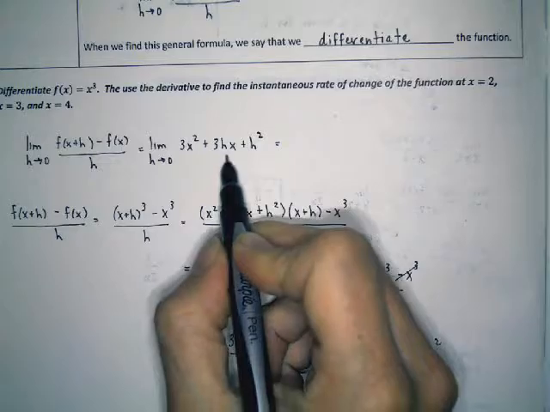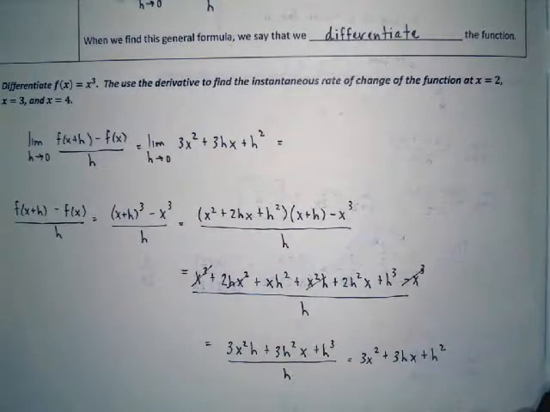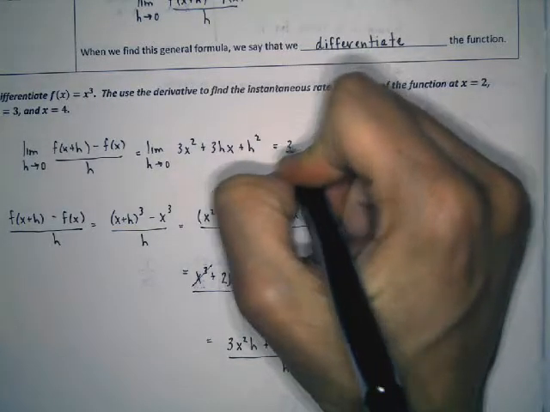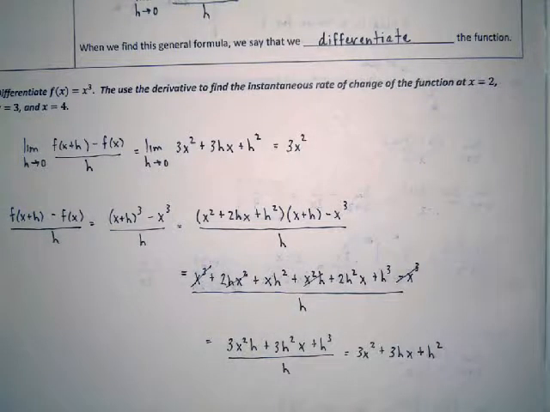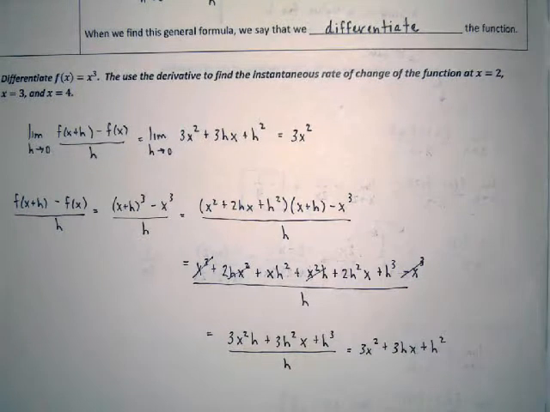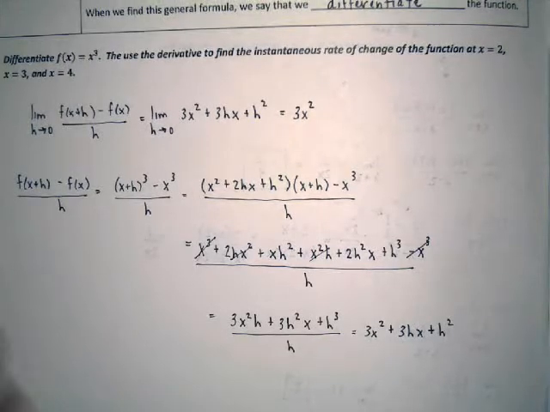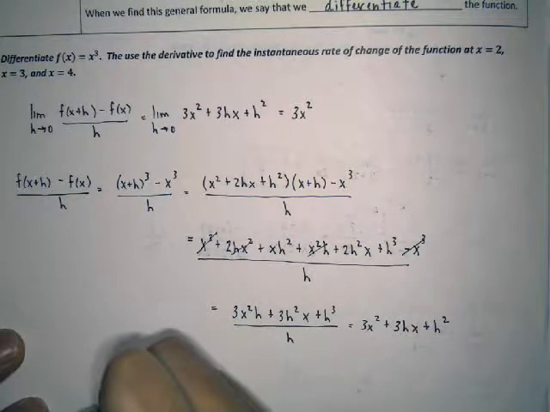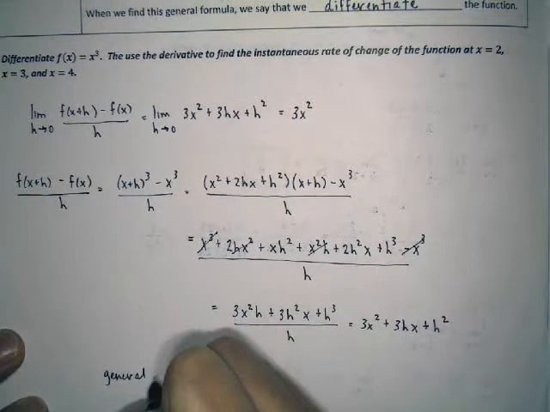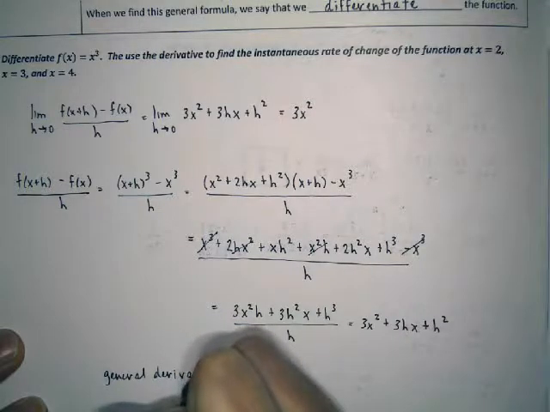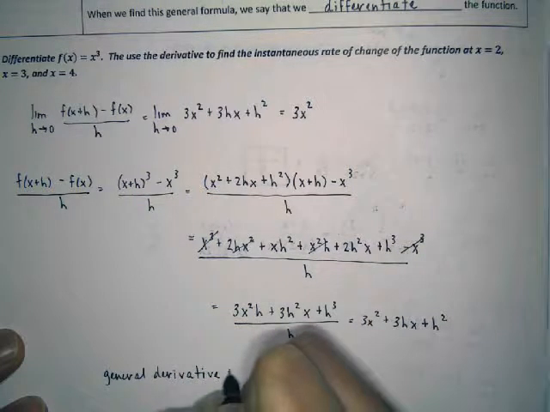And if I substitute 0 for all of my h's, I get 3x squared. So what we just figured out is that our general derivative is 3x squared.